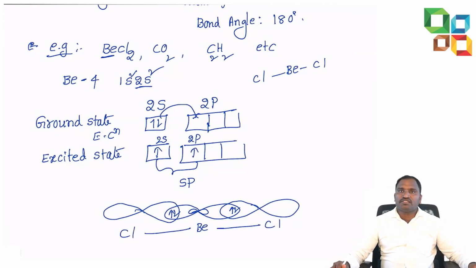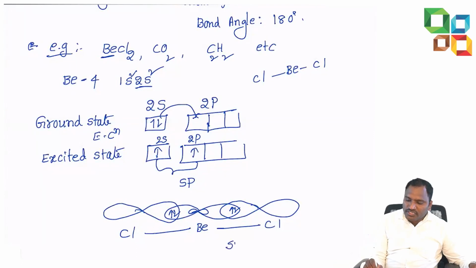First, it makes the two orbitals equally strong, then it undergoes overlapping. BeCl2: the sp hybrid orbital of beryllium overlaps with the p orbital of chlorine because the last electron in chlorine is present in the p orbital. The configuration is 3s2 3p5, not 2s2.